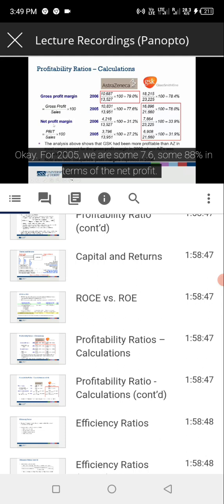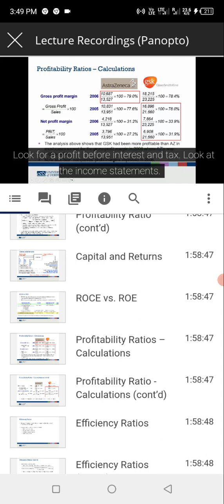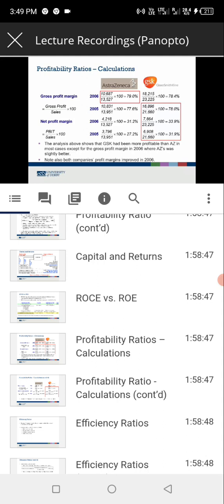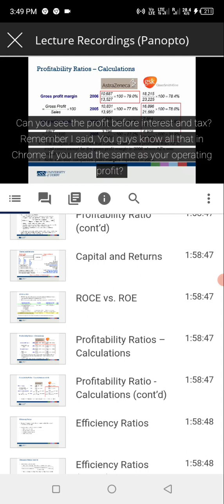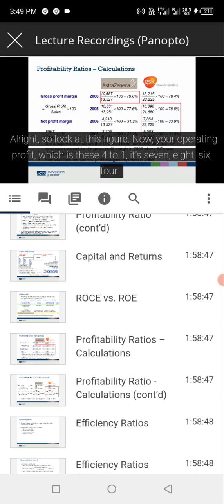And in terms of the net profit, look for your profit before interest and tax in the income statement. Can you see the profit before interest and tax? Remember I said if there is no other income, it will be the same as your operating profit. So look at these figures now.